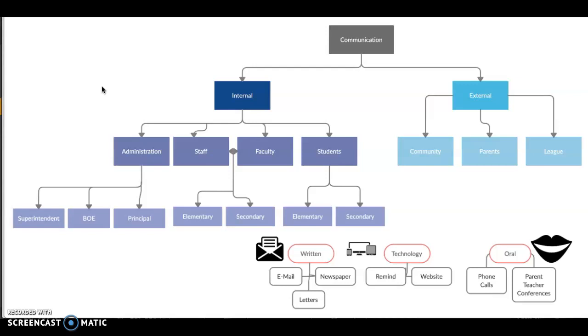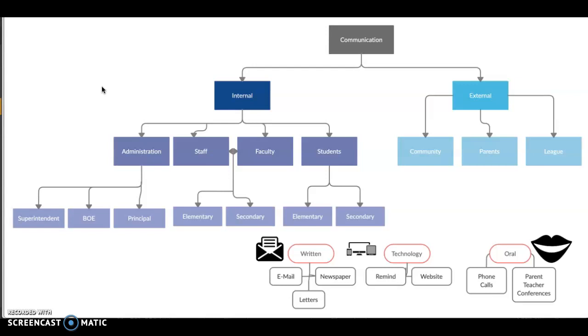So we have to also take into account that we have those on the elementary as well as the secondary levels, and not all communication needs to be sent out across the board. I don't really care what's going on at the elementary school unless it pertains directly to me.